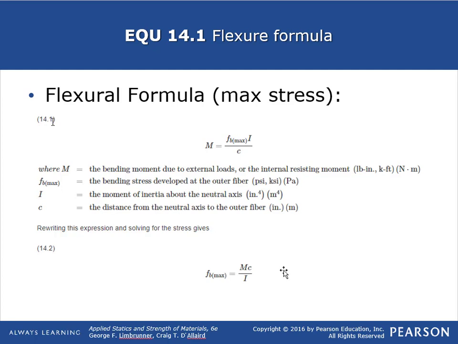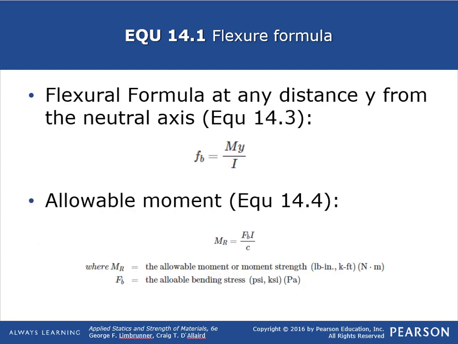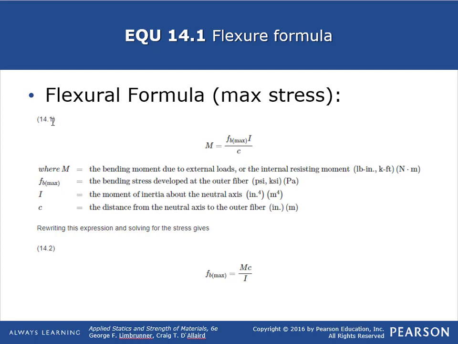We can rewrite this expression and solve for stress, and what we have here is the generalized flexural formula, 14.2. It says the maximum bending stress equals the moment times C, which is the distance from the neutral axis to the outer fiber, divided by I, which is the moment of inertia. Now, that last formula was for the maximum at the outer fiber.